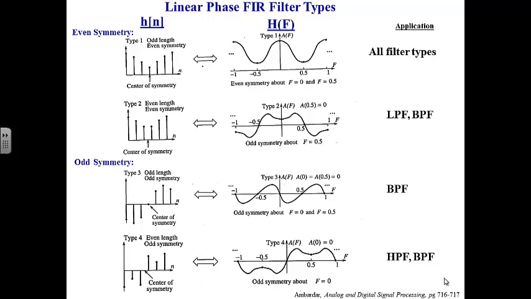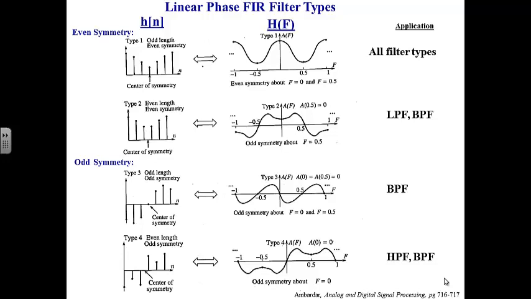Okay, that's as much as we're going to say about it here. If you want to know more about this stuff, 419 is your thing. Digital signal processing, we learn how to design FIR filters. And as soon as we say we want a linear phase filter, we say, okay, I've got to do an FIR filter.